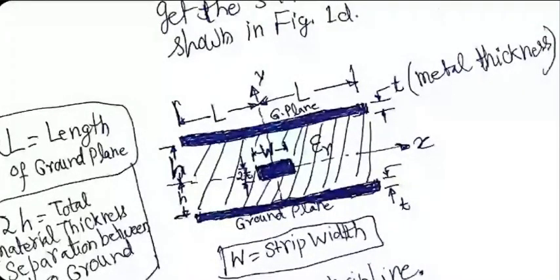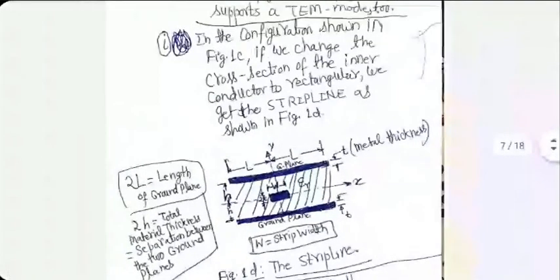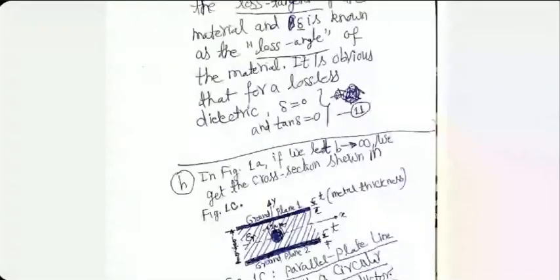This line and the coaxial line also, although we have not done the electromagnetics yet, take it from me that these kind of lines support what we call a transverse electromagnetic mode.